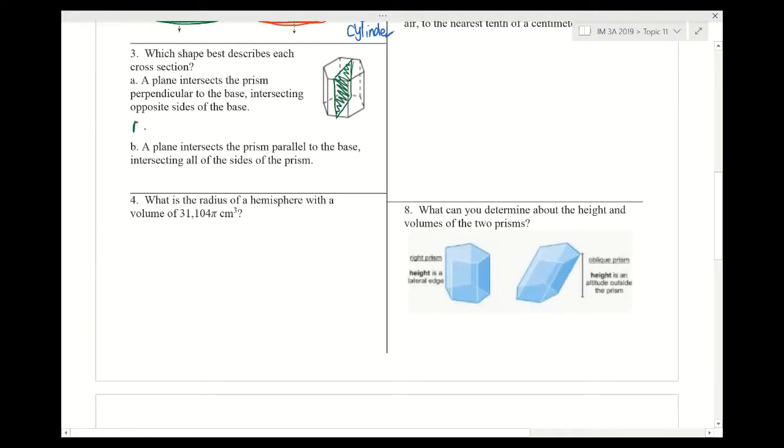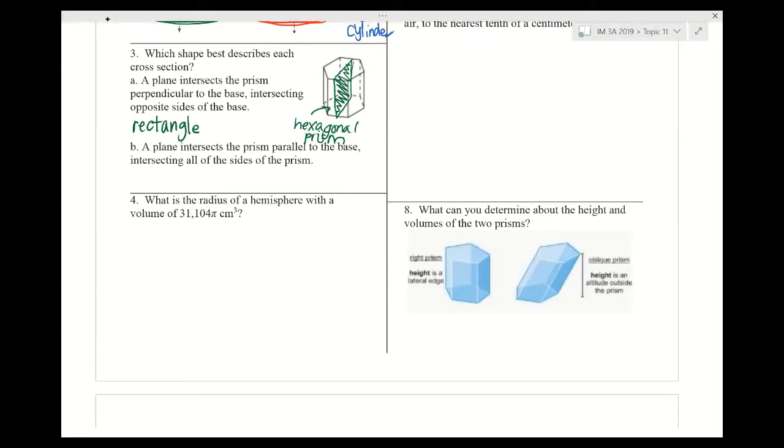So it becomes a rectangle, since it's perpendicular to the base, and the base in this one is a hexagon. If it is going perpendicular to the base on a prism, it's always going to be a rectangle. If that was a cone, it would be a triangle.